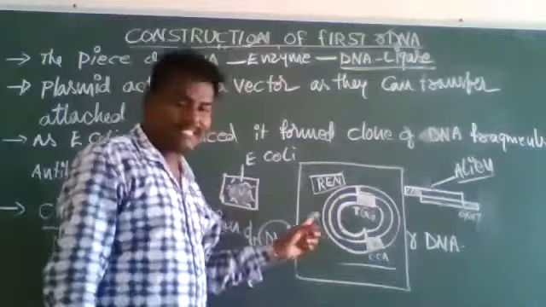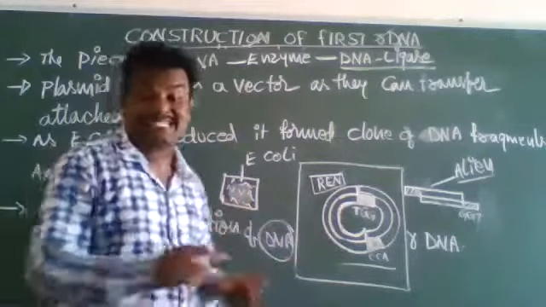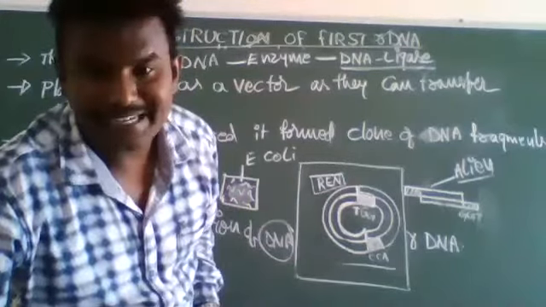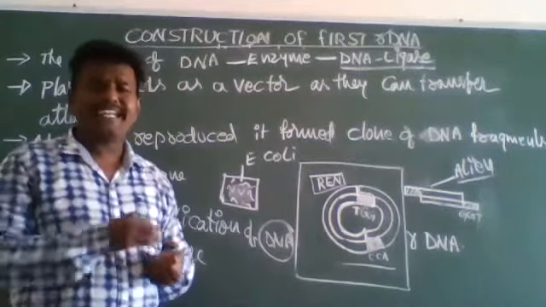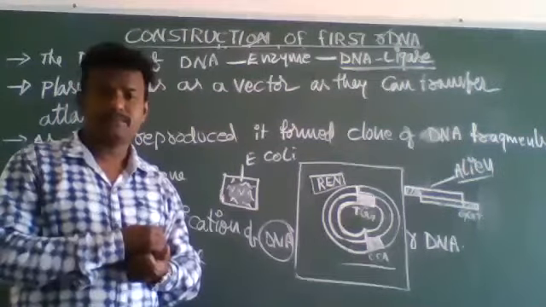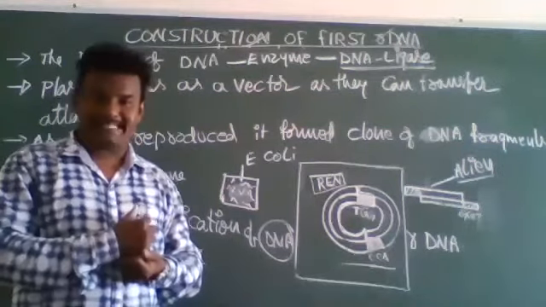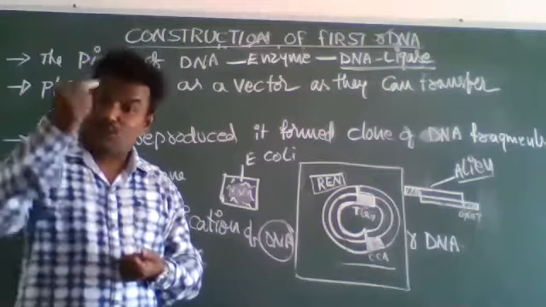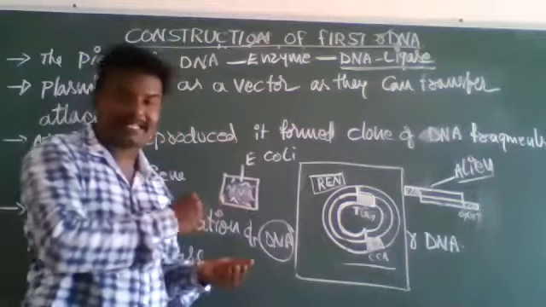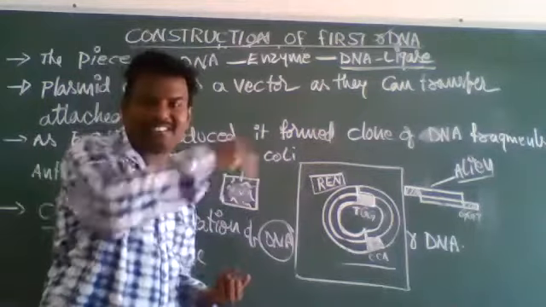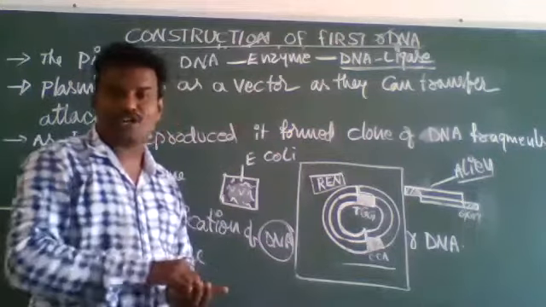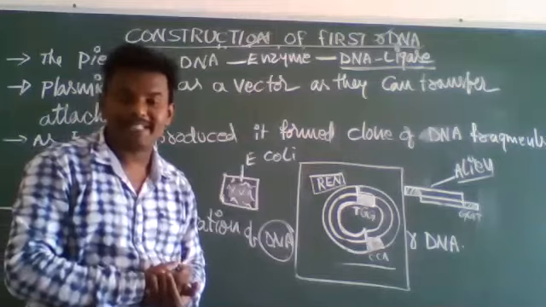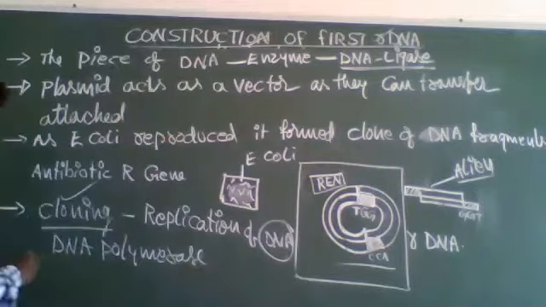So through this, a number of desired DNA is produced. Those superior genes are collected from the E. coli bacteria and inserted into plants or animals, etc. Those plants are called genetically modified plants. There are three basic steps involved.